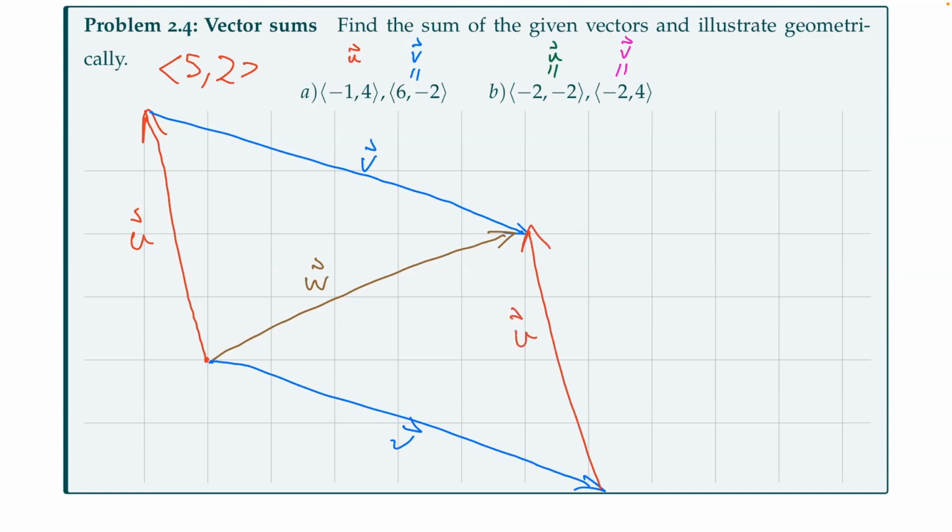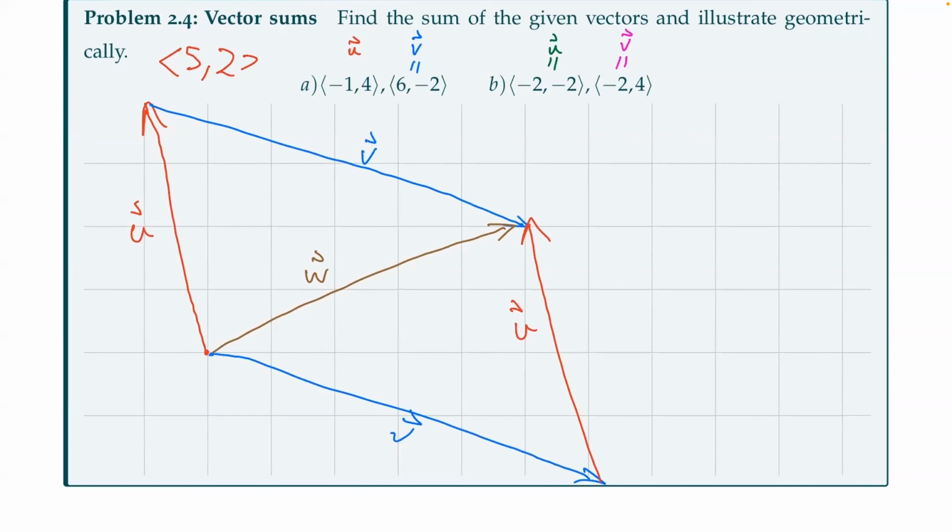So sometimes these geometric arguments can help you visualize what's going on and understand the underlying algebra. So we end up with a parallelogram here. And our main diagonal, w, is describing the addition of those two sides. So follow u, then v, or follow v, then u. We end up going from the same start point to the same end point. Okay, so that was part A.